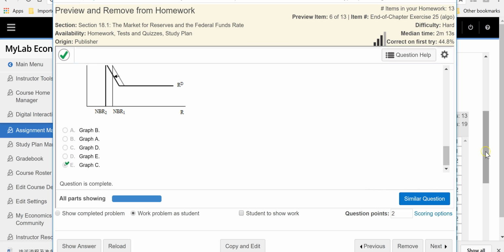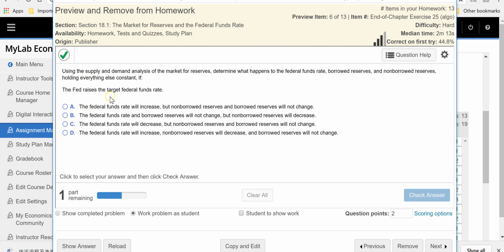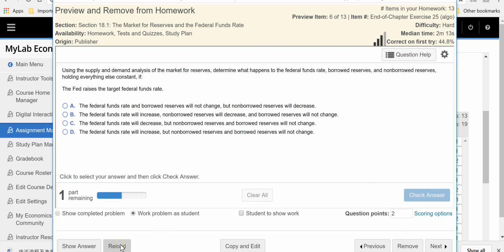Okay, so let me continue to work on this and see whether we have more versions of the same question. Similar. Again, I found there are some issues with this version. Reload. Again, this goes back to the second version we just discussed. And same.